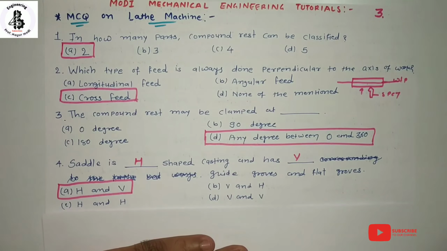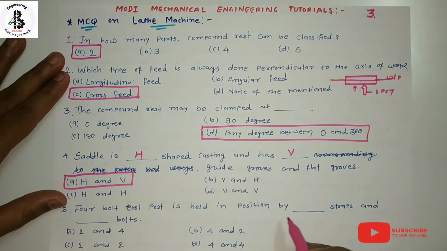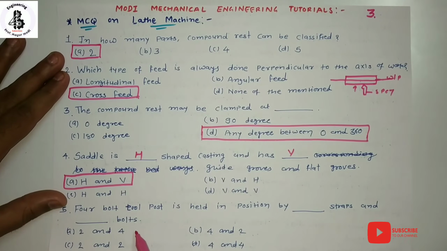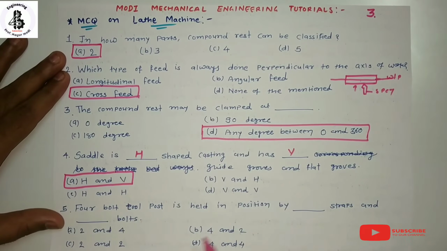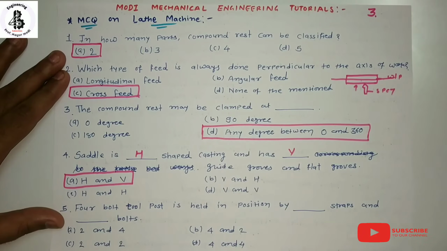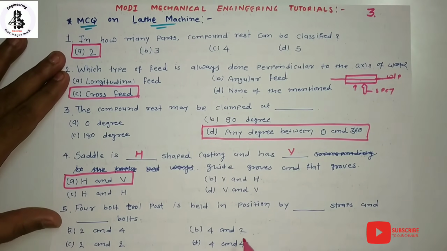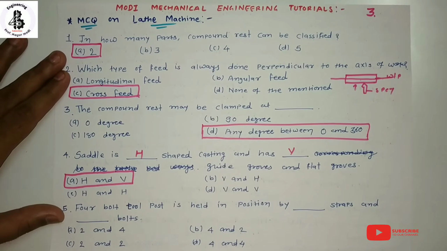Then next question. A 4-bolt tool post is held in position by which straps and which bolts? Option A 2 and 4, option B 4 and 2, option C 2 and 2, and option D 4 and 4. Basically that is used for positioning.